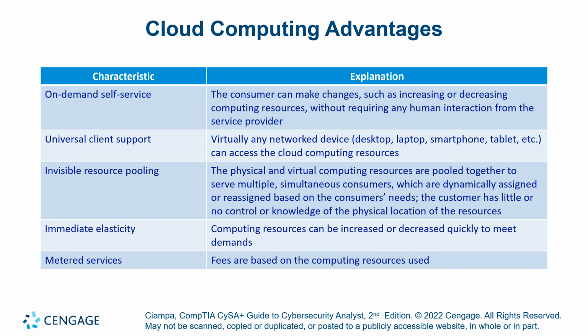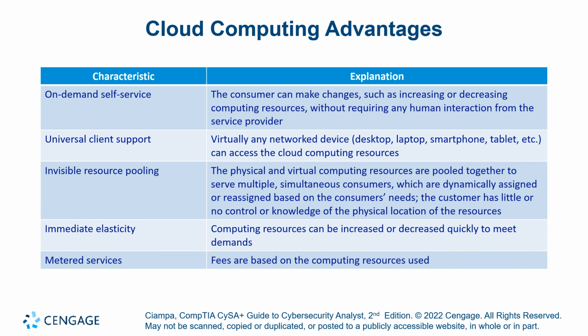Invisible resource pooling: the physical and virtual computing resources are pooled together to serve multiple simultaneous consumers, which are dynamically assigned or reassigned based on the consumer's needs. The customer has little or no control or knowledge of the physical location of these resources, which, on that one, in my opinion, is a good and bad thing.